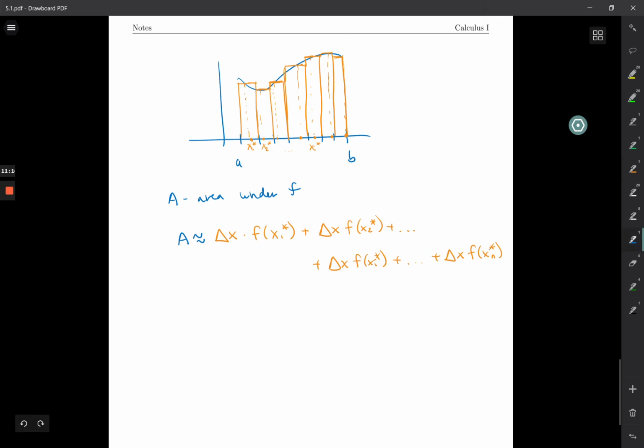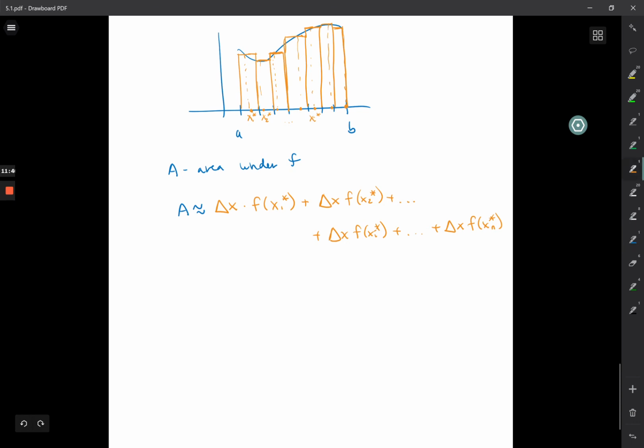Even though I did draw a finite number of them, we're supposing that n is arbitrary, so that's why I'm using xi star for some random one in the middle, and then xn star is the end. I'm trying to not specify what n is going to be, right? Now this is our area approximation.